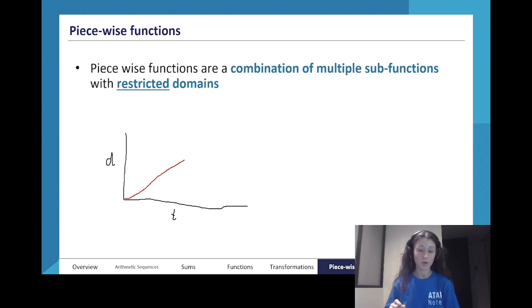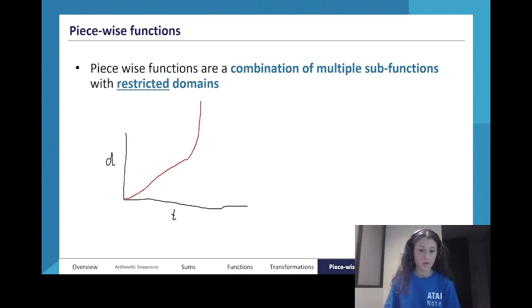So now you speed up. You're no longer running at a constant speed, which means your displacement isn't increasing linearly. Now you're accelerating, you're getting a lot faster, which means that now maybe your running looks like this.